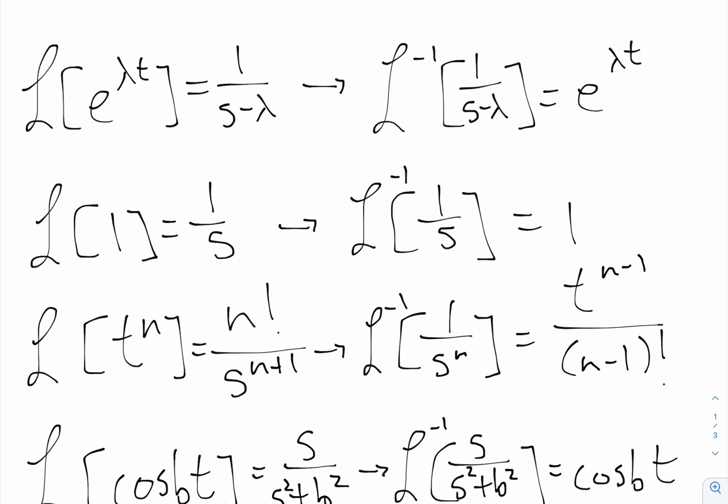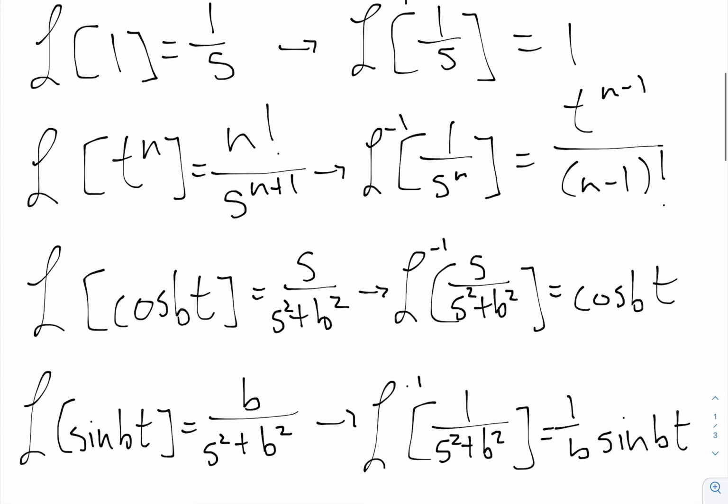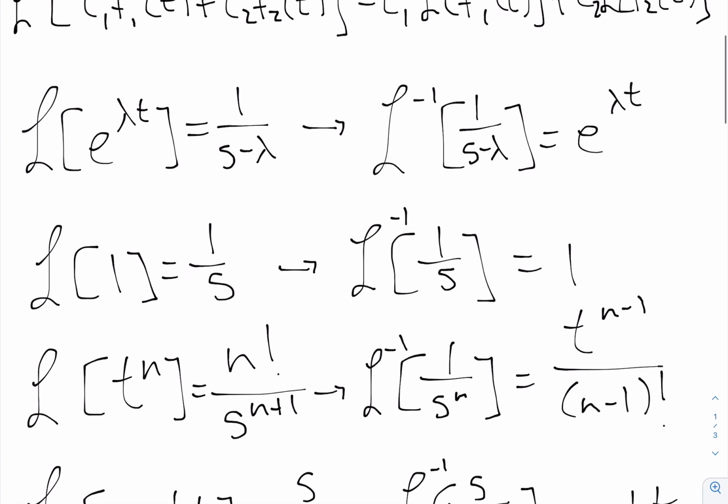Here we have 1 over s minus a constant, so this could be 1, but we have 3s minus 1. This is just 1 over s. That's probably not going to help us. This is a factorial with n. This is s and b squared. Same with this one. So our best bet for what we have as of now is 1 over s minus lambda. But the only thing is, we have 1 over 3s minus 1.